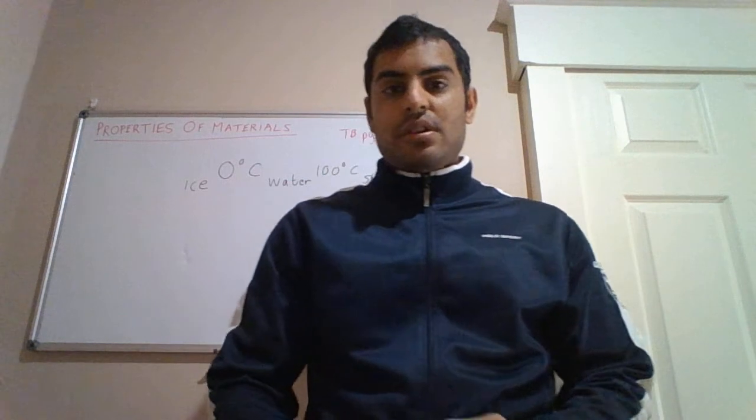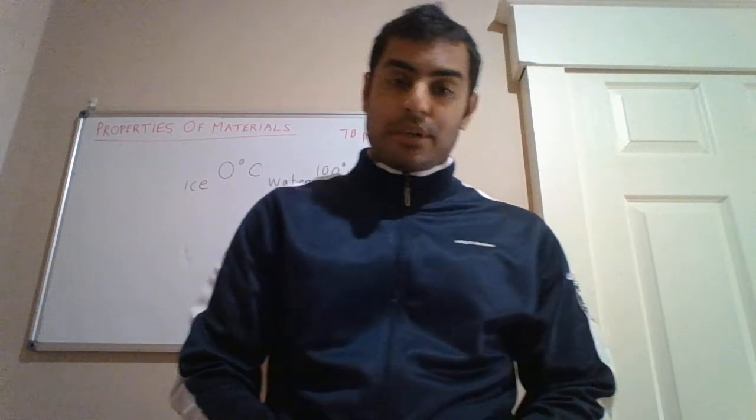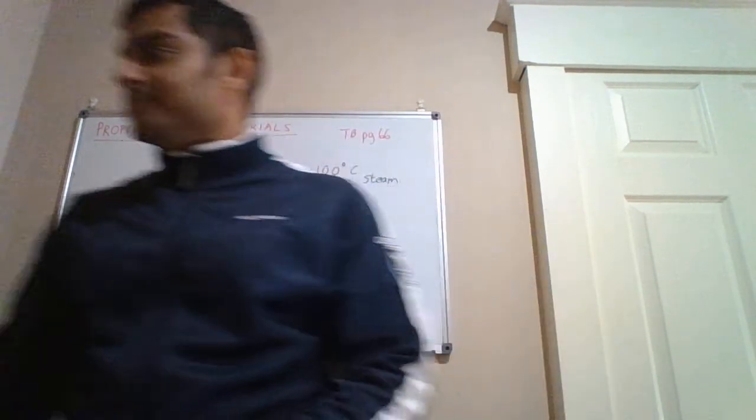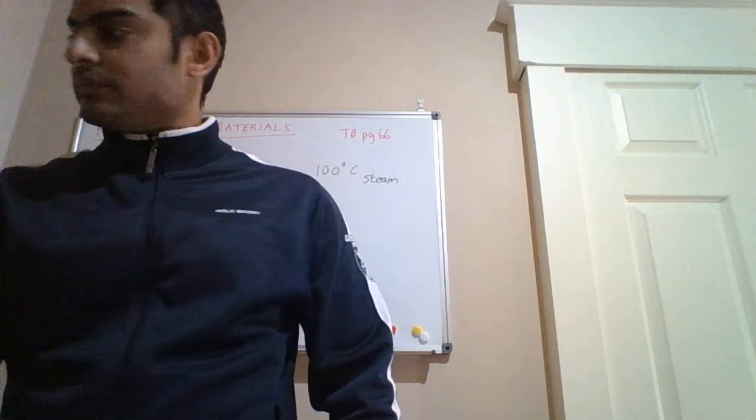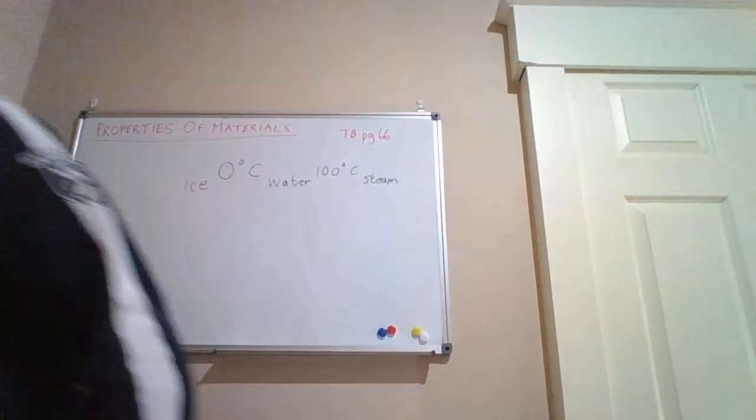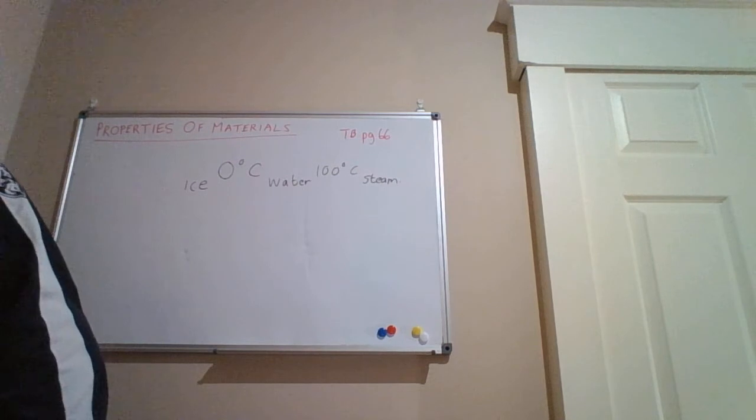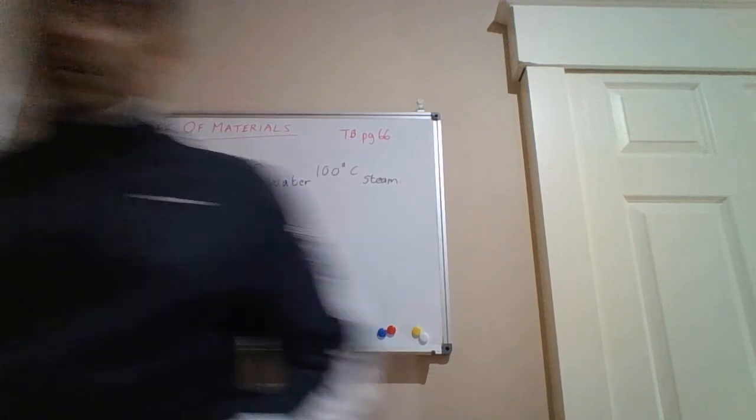Next, we'll talk about heat conductivity. Heat conductivity is similar to electrical conductivity. It relates to an object's ability to allow heat to pass through or to resist heat being passed through. So metals are good examples of heat conductors.